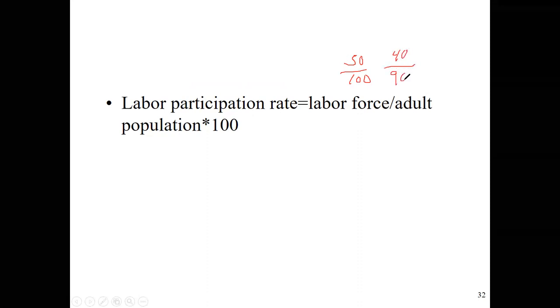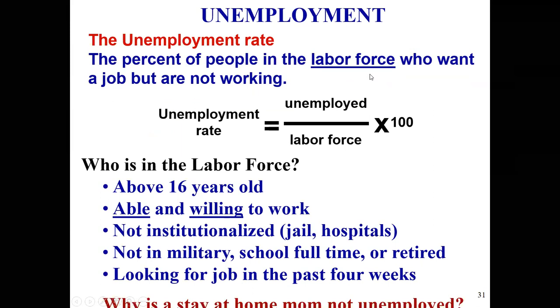I mean, 45 over 90 would be 50, so this is lower. So discouraged workers also lower the labor participation rate, right? That's just an easy way to try to figure those out. And I hate memorization, but you do have to memorize those formulas. So again, I would say both of these are going to be on the quiz. Just memorize the formulas, and that's question 2.